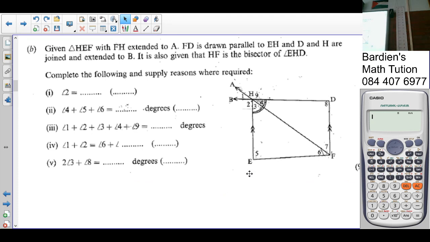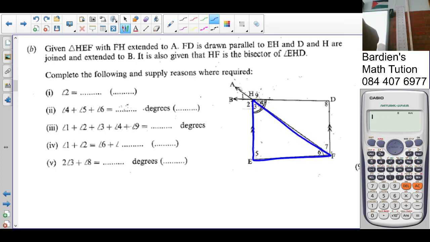Given the triangle HEF, with HE extended to A, which means that line HE continues to point A. FD is drawn parallel to EH, and D and H are joined and extended to B. It's also given that HF is the bisector.